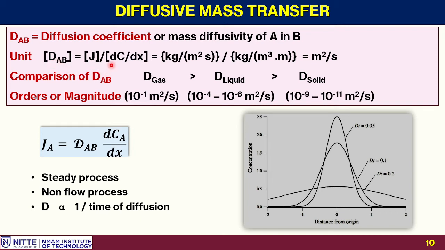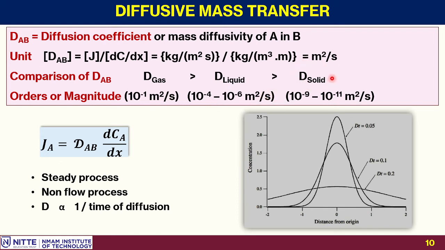Diffusivity value is present for all kinds of molecules, be it gas, liquid or solid. But something you have to observe here is gas molecules have a very high diffusivity coefficient. We also call it the diffusivity coefficient, DAB. It is very large for gaseous molecules because they are free to move. The restriction starts with the liquid, so it has a little lesser diffusivity coefficient, in the order of 10 power minus 4 to minus 6.